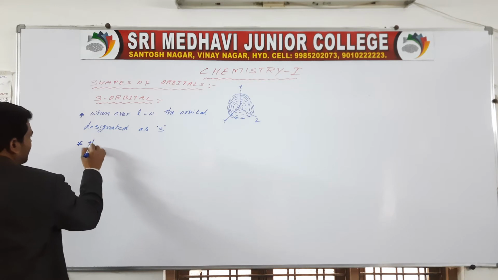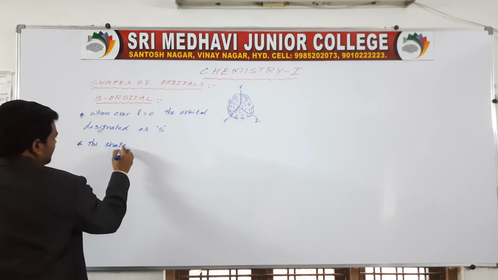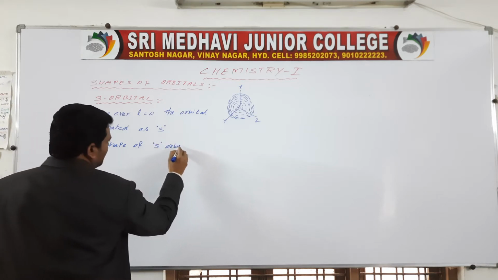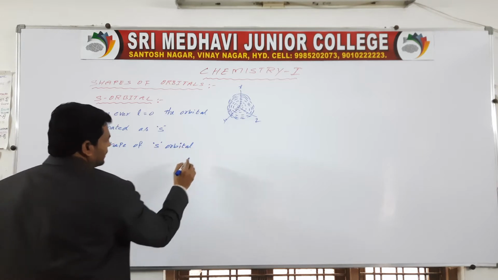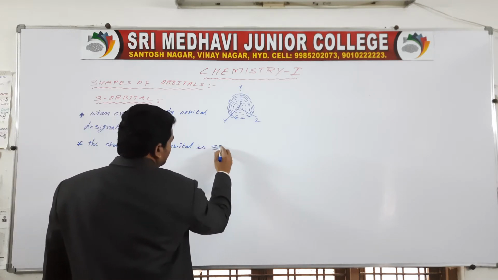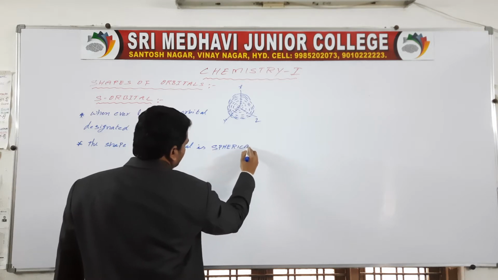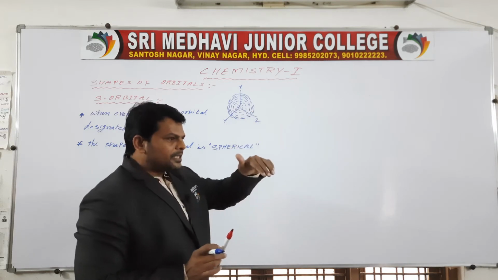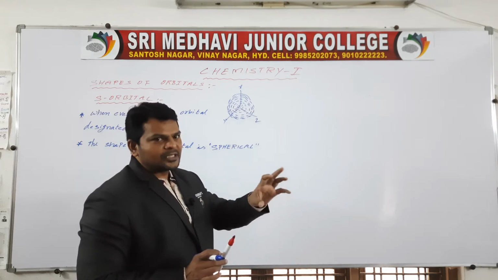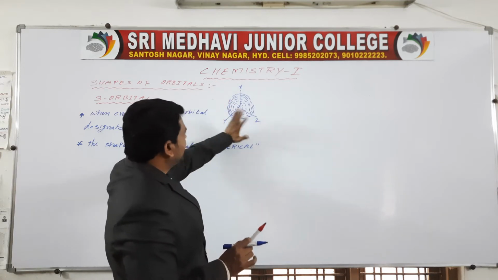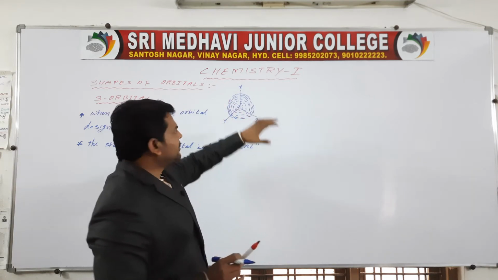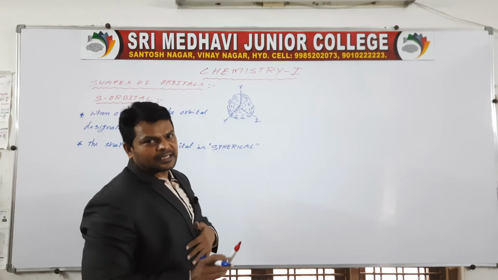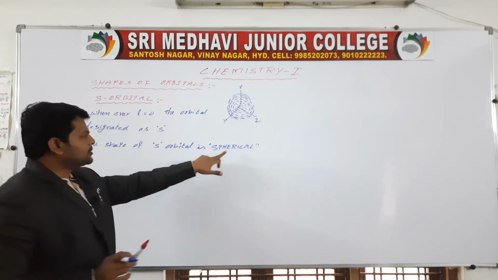The shape of the s orbital is spherical. Why is it spherical? Here is the nucleus, and the electrons revolve around the nucleus. In an s orbital, the electron density is equally distributed from the nucleus in all directions. That's why the shape of the s orbital is spherical.